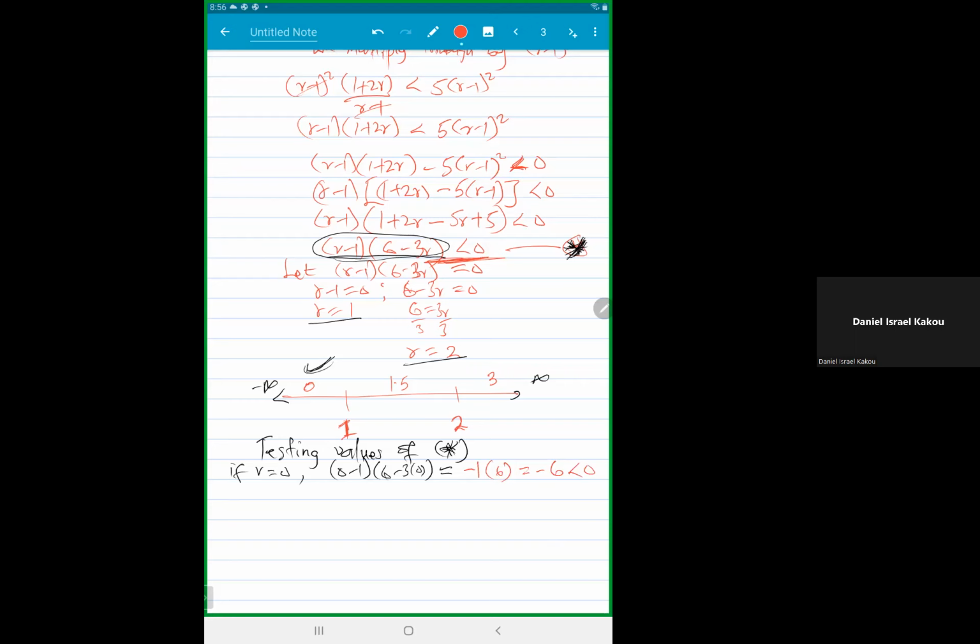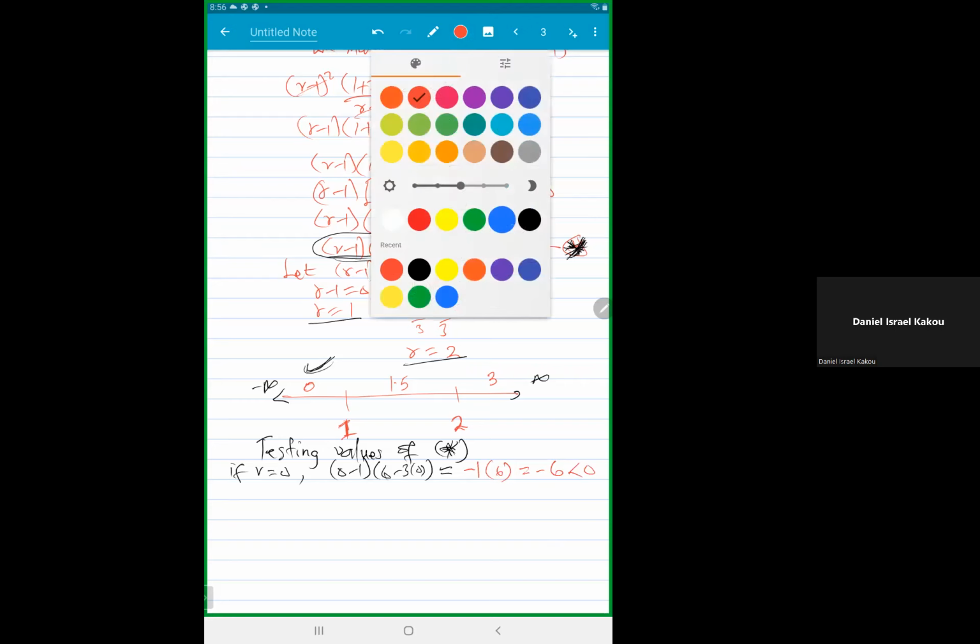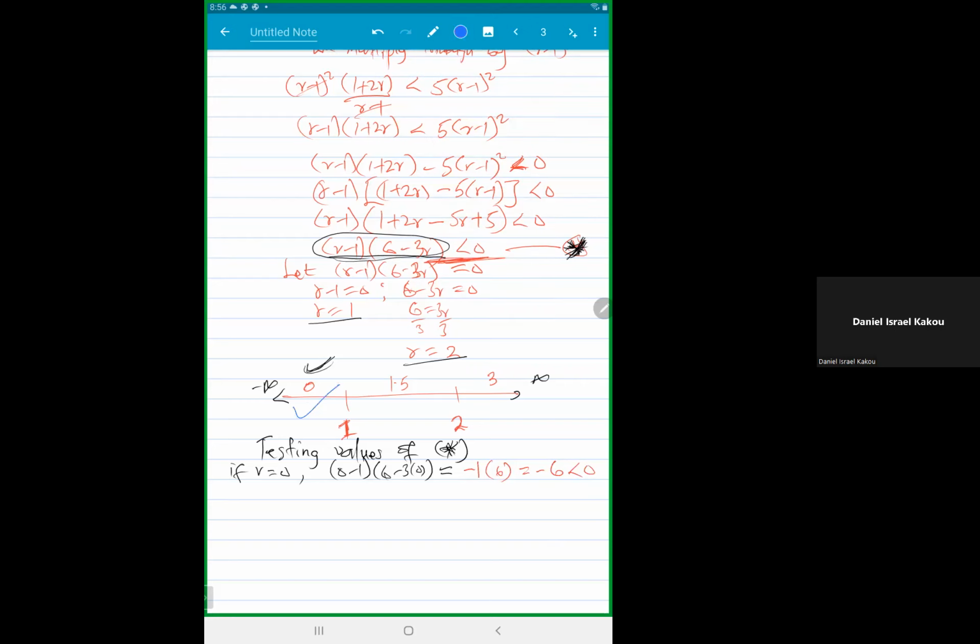So that tells me that this part of the interval satisfies the inequality, meaning all the values of r from negative infinity to 1 are going to be the values of r we are looking for. Now, from the assumption or the trick we used, the middle part wouldn't satisfy, and this part will satisfy, right?